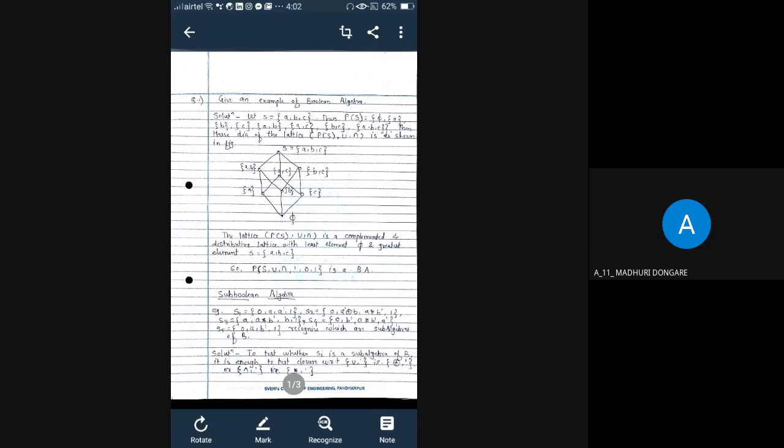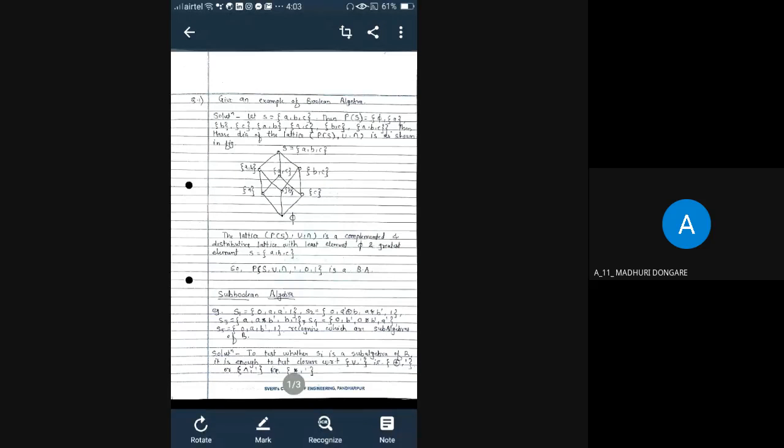Again we can check here. This is a complemented distributive lattice, and here the least element is phi and the greatest element is S. That's why this lattice is called a Boolean algebra, because we have seen Boolean algebra is a distributive, complemented and bounded lattice. So this lattice satisfies the distributive property.